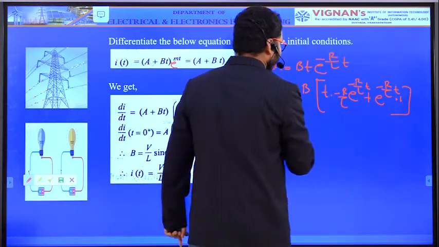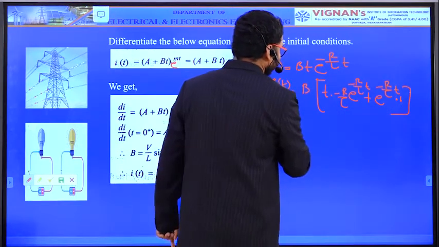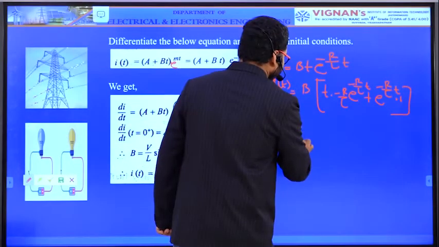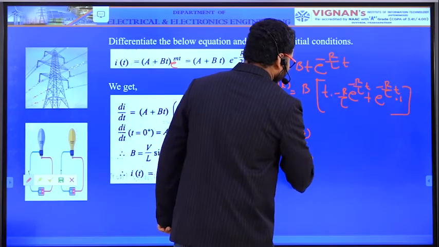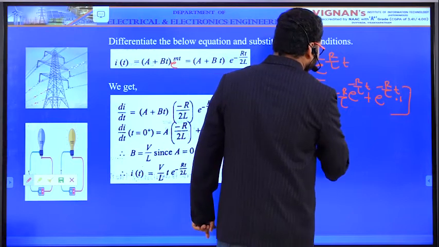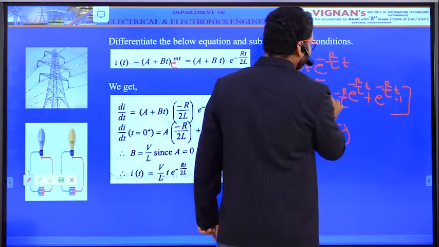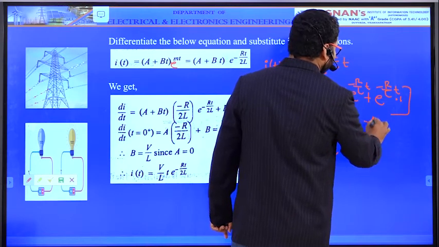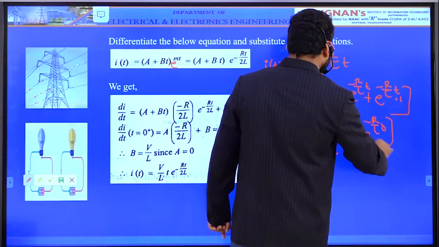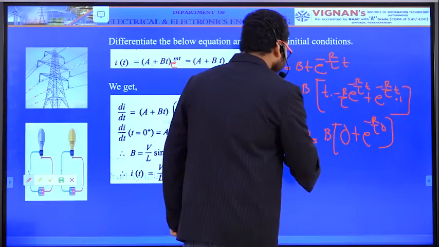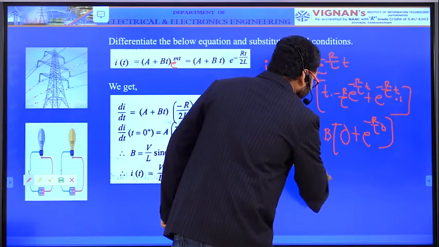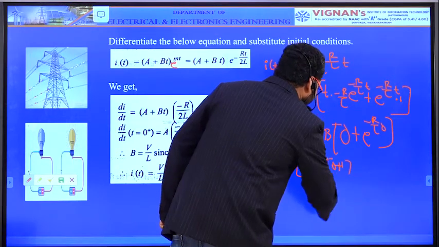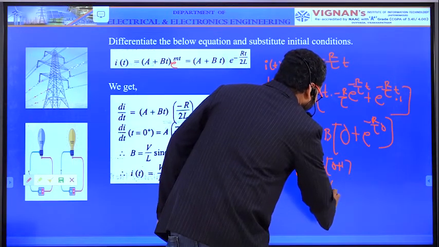At t equals 0, di of 0 by dt equals b into (0 plus e to the power of 0). So V by L equals b into (0 plus 1). It means b equals V by L.